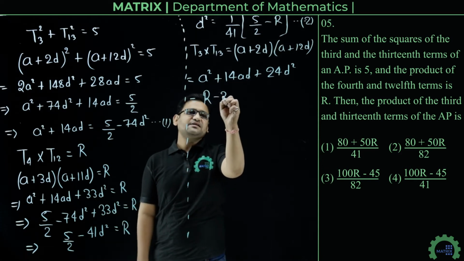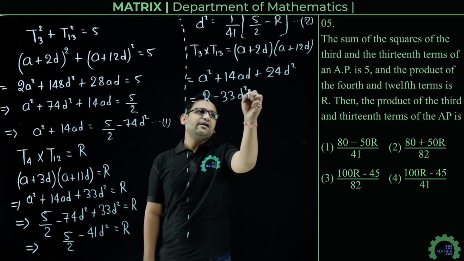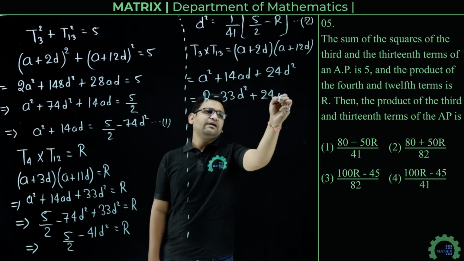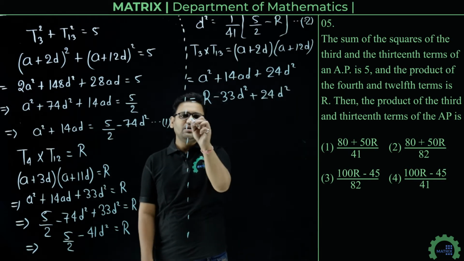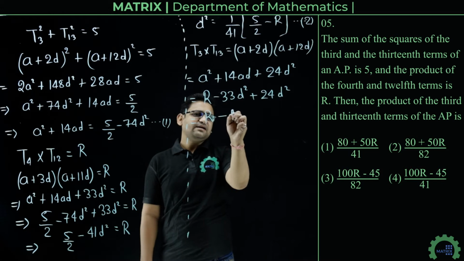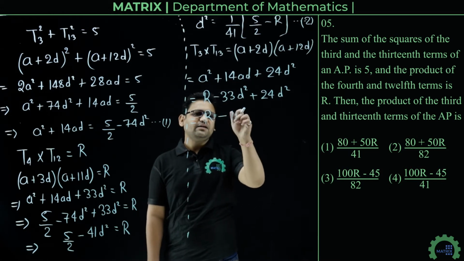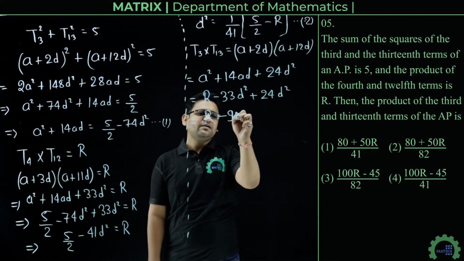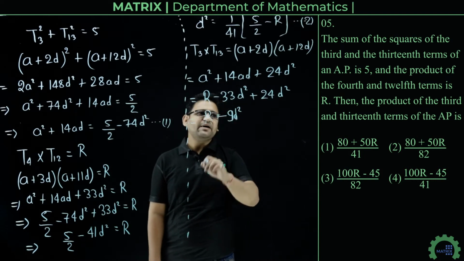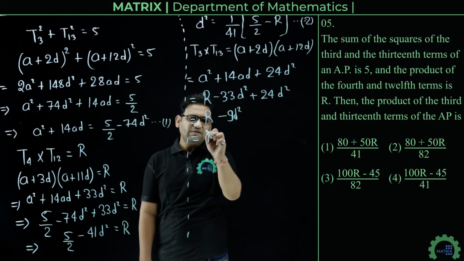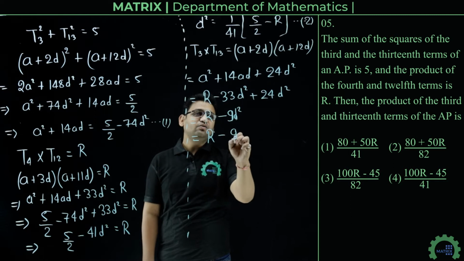So it is (A minus 33D) square plus 24D square. So we get (R minus 9D) square. Finally we get R minus 9 into D square.